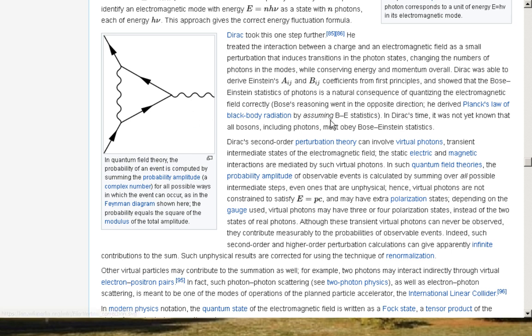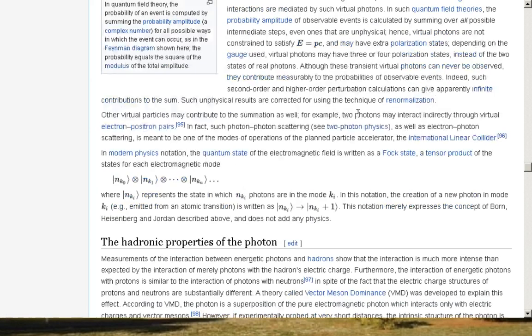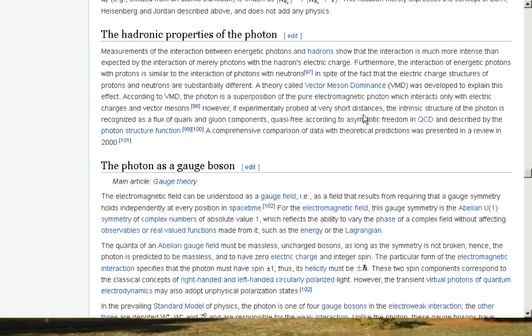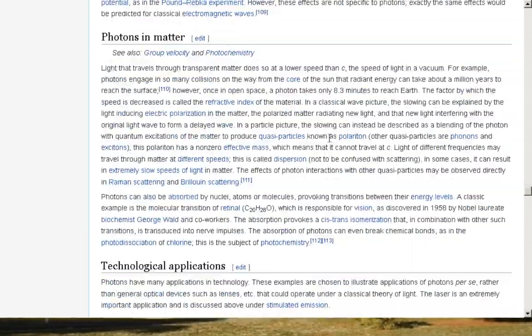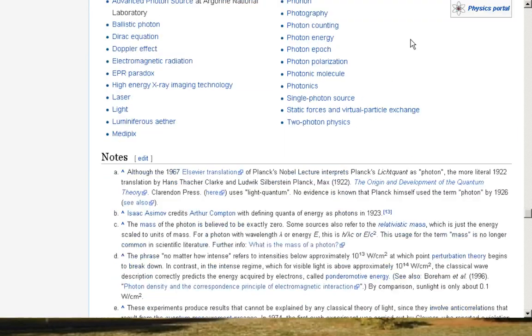Feynman diagrams. We're not getting into that. Photons in matter. Okay, let's do this then. Let's go.